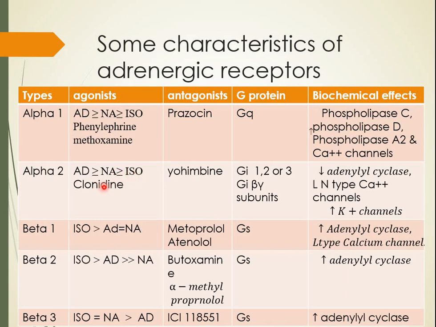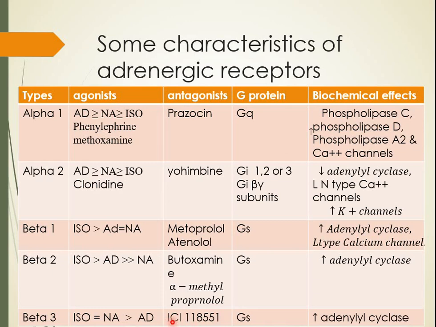Clonidine is an agonist of the alpha 2 receptor, whereas yohimbine is an antagonist of the alpha 2 receptor. Similarly, antagonists for the beta 1 receptor are metoprolol and atenolol, for the beta 2 receptor it is butoxamine, and for beta 3 the drug has not yet been marketed; it is still under investigation.